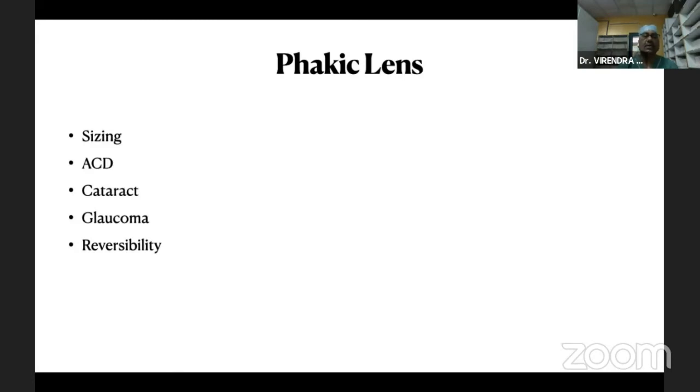But the big problem in children is that the sizing is the most important thing in phakic lenses, which will decide whether the patient has complications or not, as well as the refractive correction. The biggest advantage of a phakic lens is that you can actually correct high refractive errors. But unfortunately, it is more so only for myopia. For hypermetropia, it is going to be a big problem in high refractive errors, because in high hypermetropia, usually eyes are smaller.